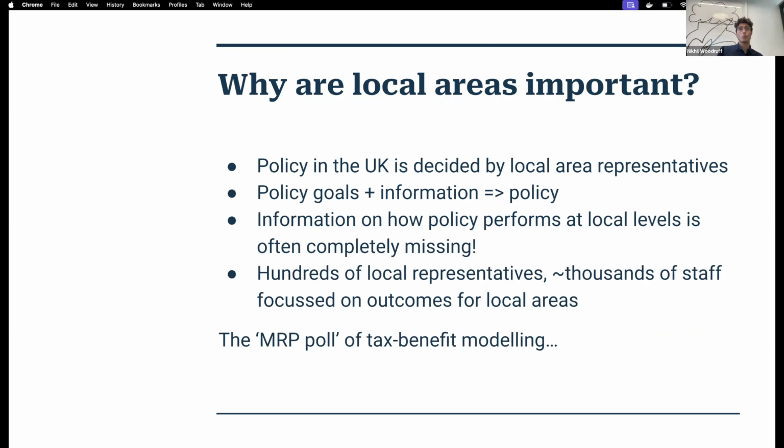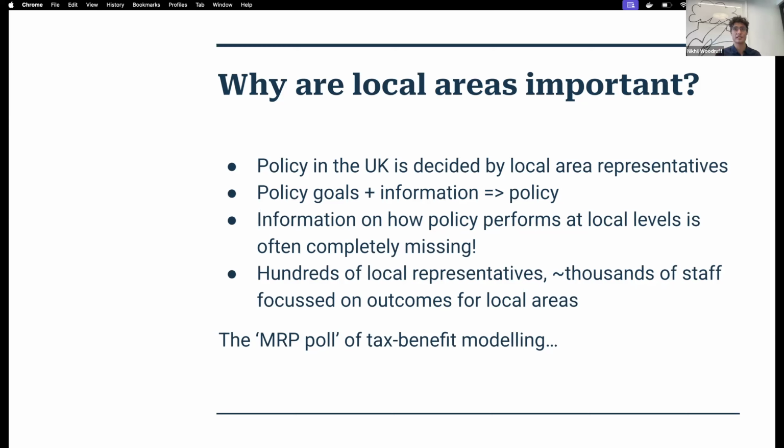Policy in the UK is decided by people who first and foremost represent a local area. We like to think of the policy decision-making process in the UK as: people have policy goals, and those goals are often about their local areas.